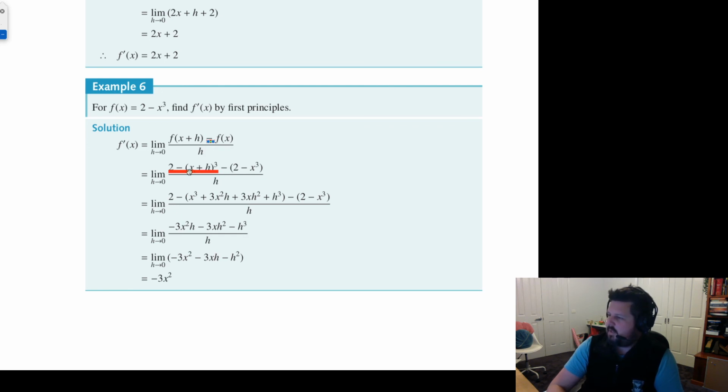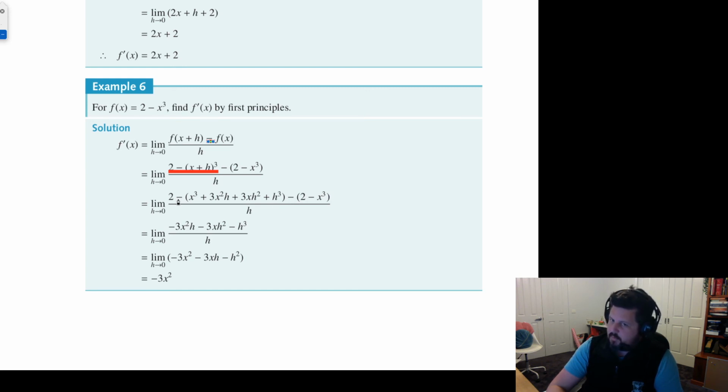So expanding things out, we've got the 2 take away x plus h cubed expanded out, take away the 2 take away x cubed written on the end. Expanding things out, that would become negative 2 and that would become positive x cubed.